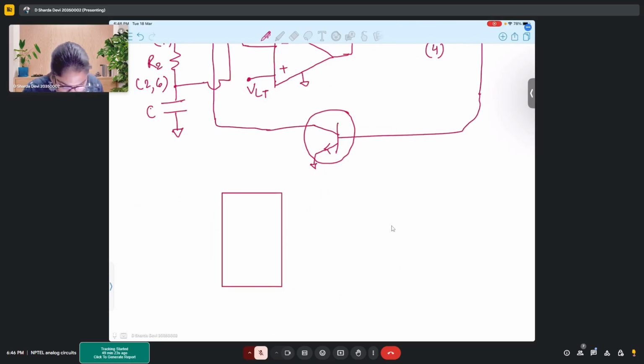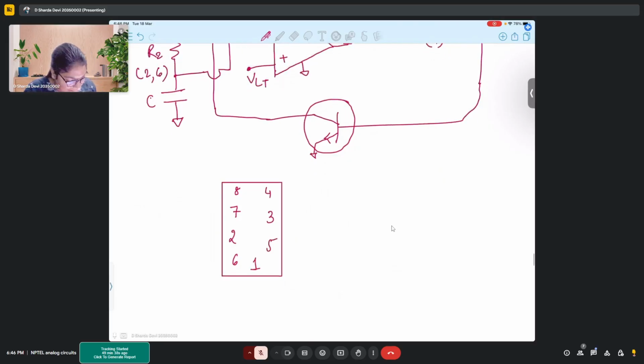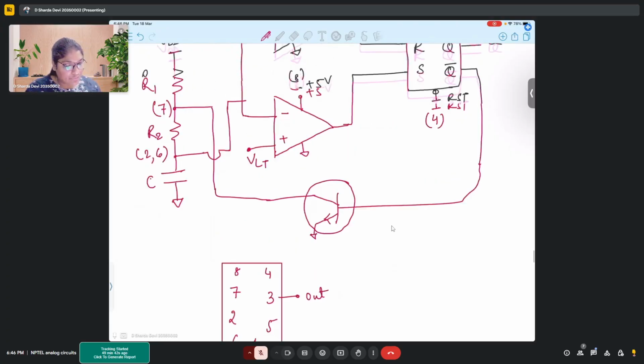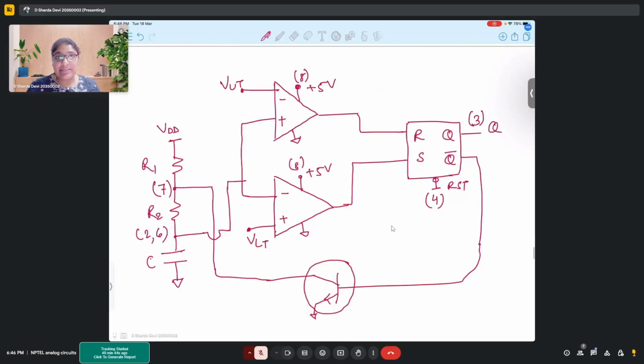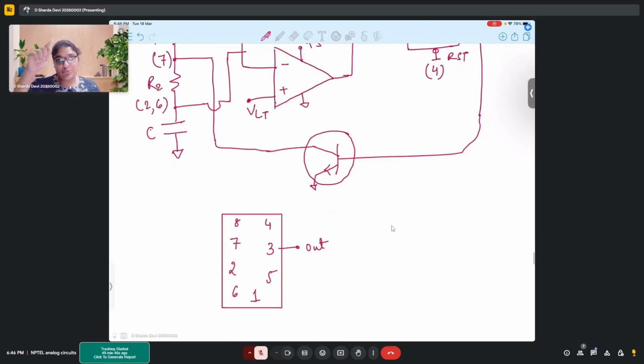So it is 8, 4, 7, 2, 6, 3, 5, 1. I have randomly numbered them for the sake of how it looks in the circuit, but the pins will be sequentially numbered.